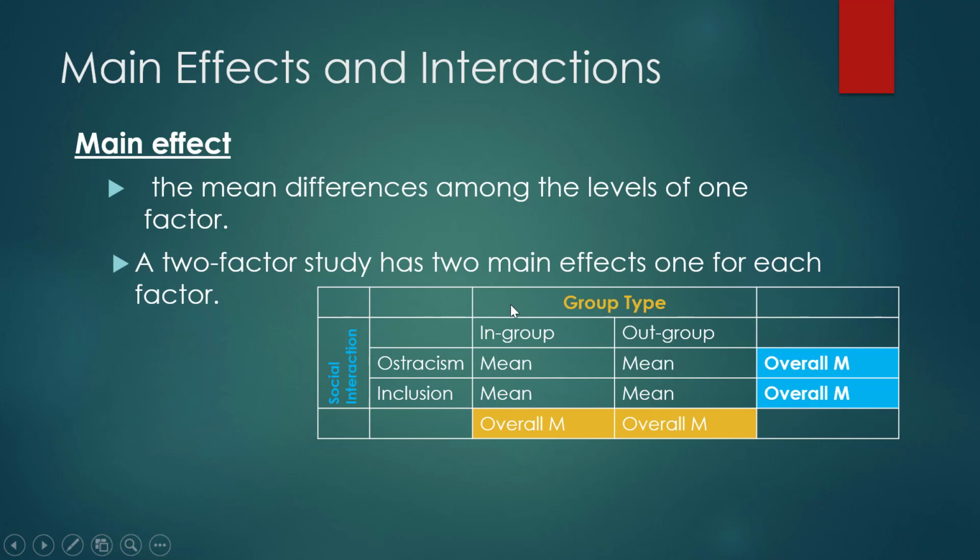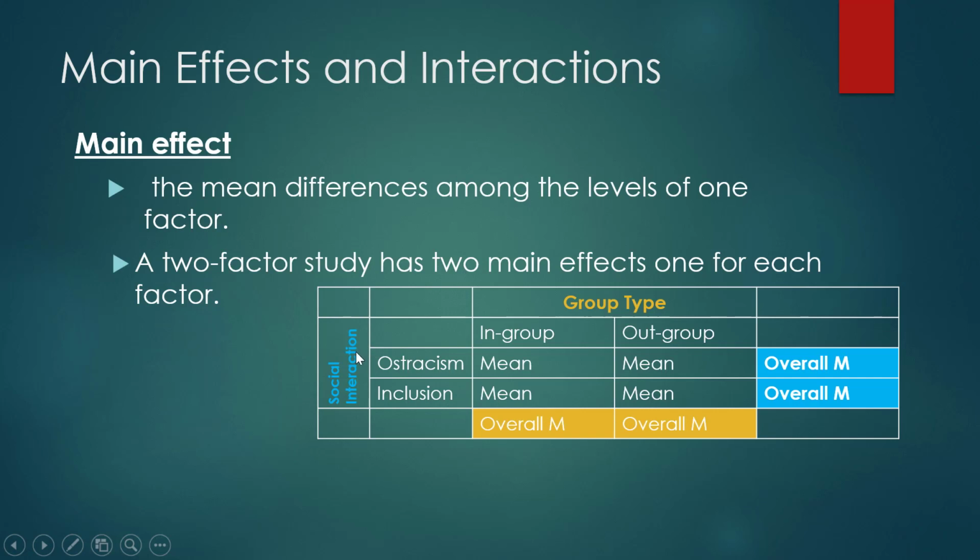And so when we're looking at the main effect for factor A, we're looking at the mean differences among the levels, regardless of what's going on in the other factor. So we don't want to compare these means because these means are dependent on factor B. These means are not dependent. They're the overall means. Regardless of what's happening in the other factor, do we have a significant difference? So for factor A, we're comparing the column means, the overall means.